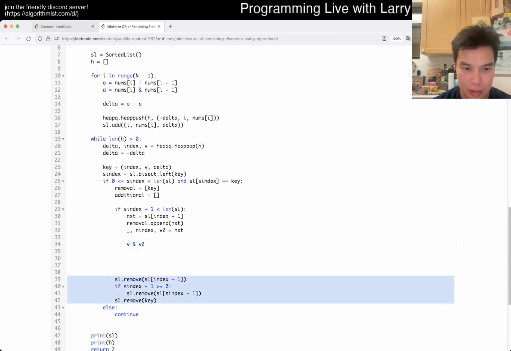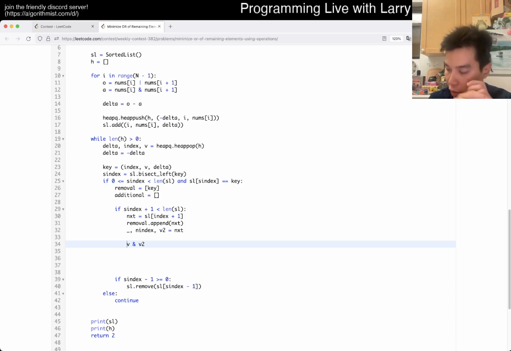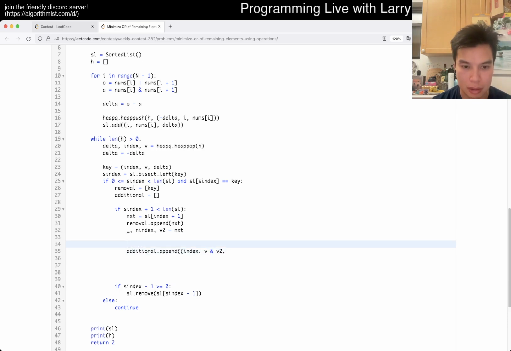Okay, so we don't need to do these anymore, at least. Because if this is the last element, then we don't add a thing anyway. Right, so okay. So then now we have index, this is the new value, and then the delta is going to be okay.